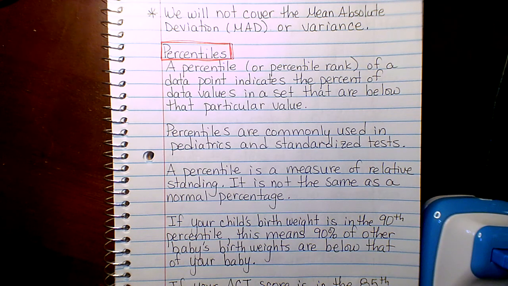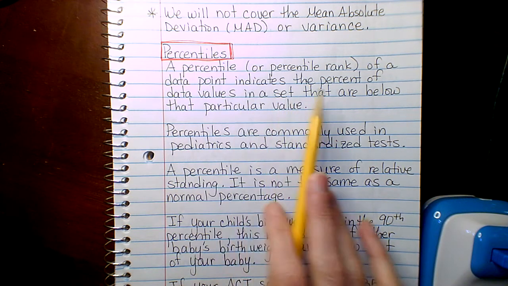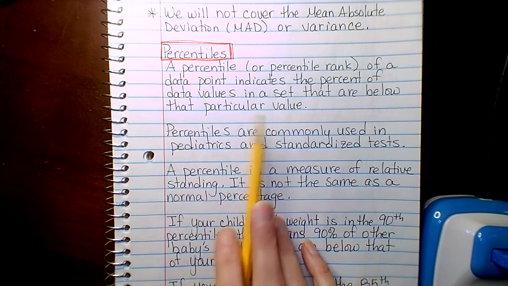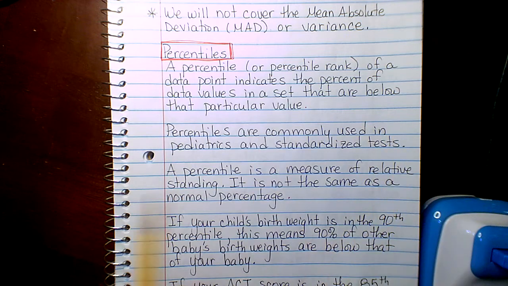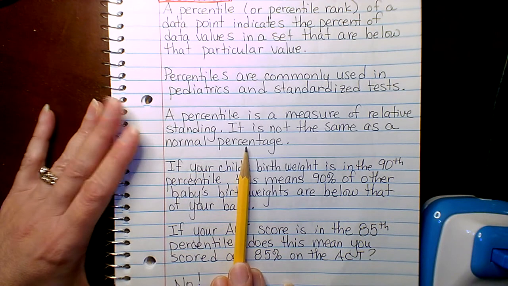A percentile is a measure of relative standing. What a percentile tells you is the percent of data that is below you. So a percentile of a data point indicates the percent of data values in a set that are below that particular value. So it's not the same as a normal percentage.